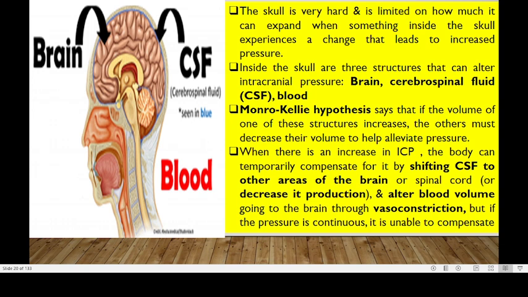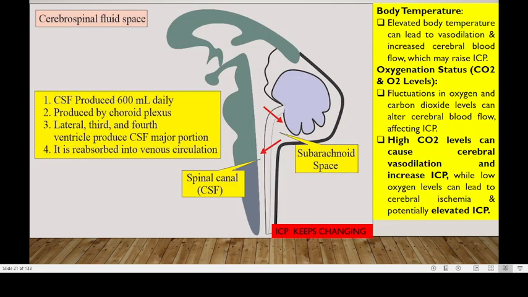But if the pressure is continuous, it is unable to compensate. Remember, daily someone produces around 600 mLs of CSF. We had already said it is produced by the choroid plexus, starting from the lateral to the third to the fourth ventricle until it is reabsorbed at the subarachnoid space.